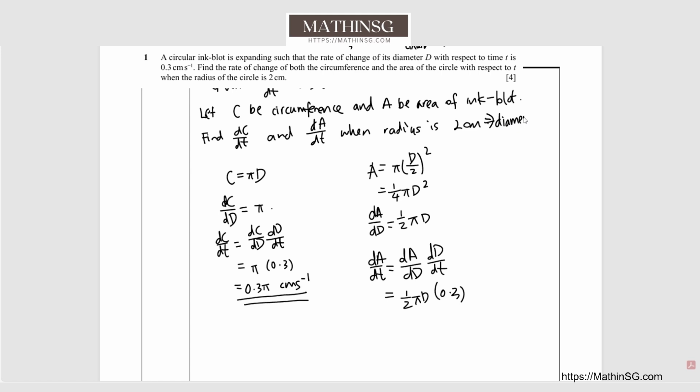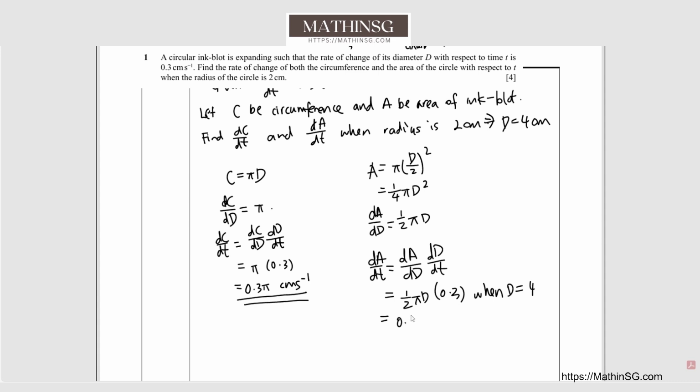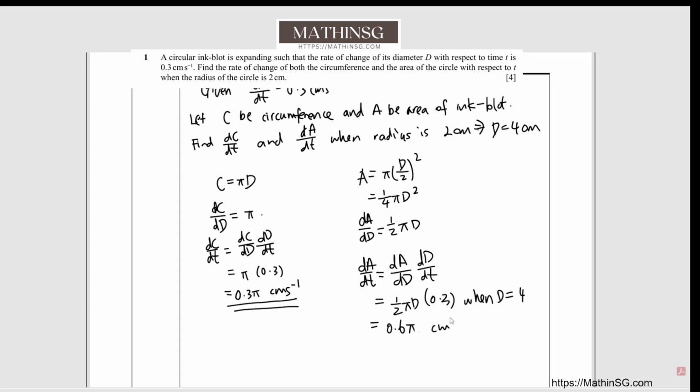I don't need to spell out diameter because D has already been defined in the question, so I simply write uppercase D equals 4 cm. So when D equals 4, I have 0.6 pi cm squared per second. Okay, so this is the answer for dA/dt.